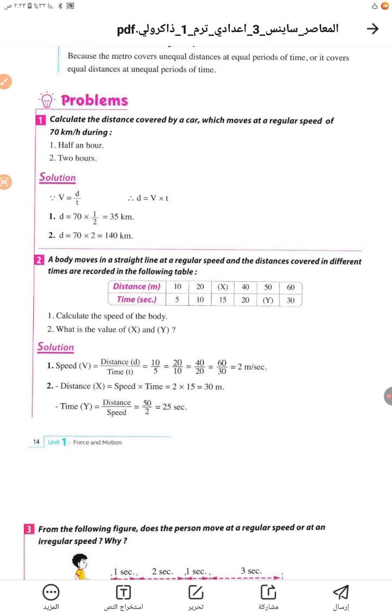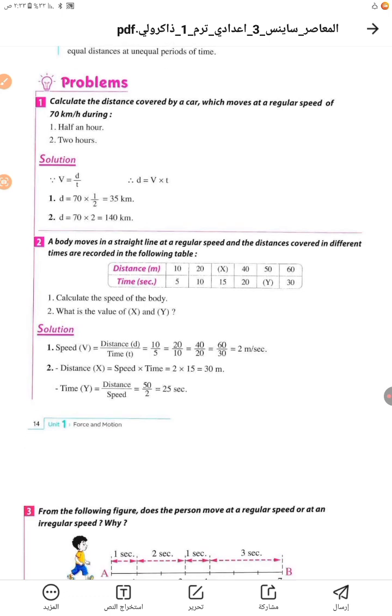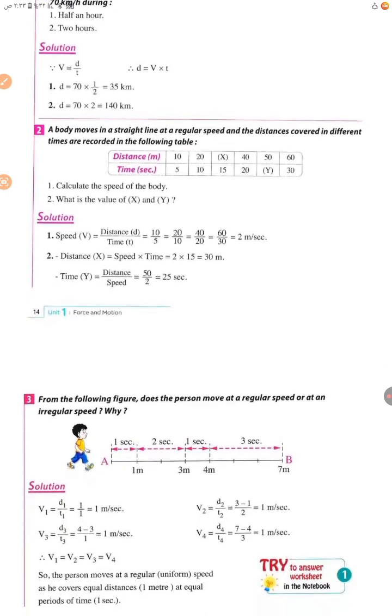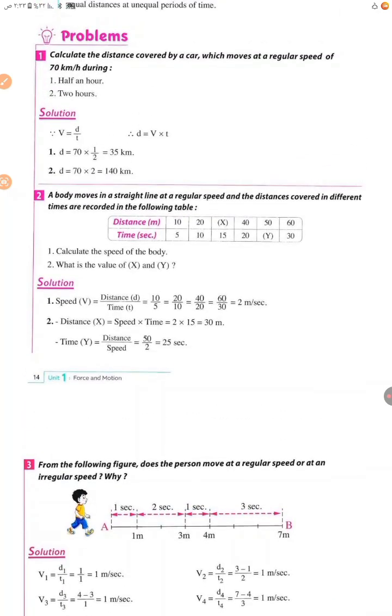My solution says velocity equals distance over time, so distance equals velocity multiply time. In the first case, distance equals 70 multiply half equals 35 kilometer. In the second case, distance equals 70 multiply 2 equals 140 kilometer. An easy problem, direct substitution in the law that I know.